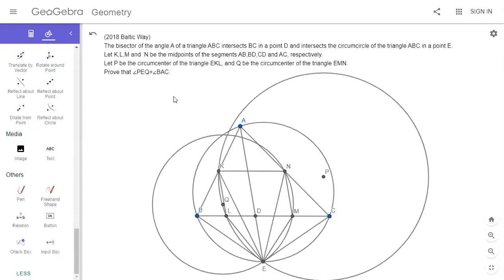Another way to say it is we want to show angle PEQ plus angle BEC is 180.